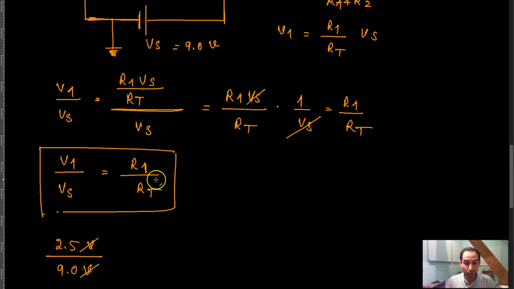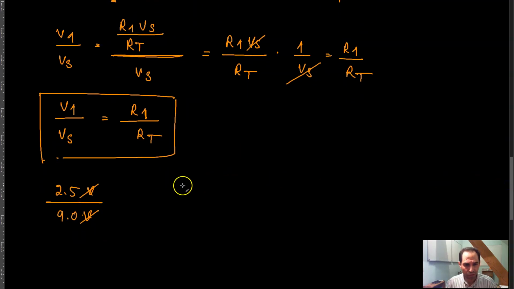Since it has to be known, you have to choose some value for your R of T. So you take your R of T, which is equal to R1 plus R2, as some value, for example 1000 ohms, 1 kilo.